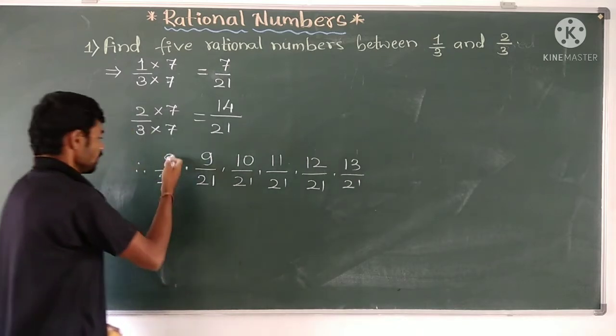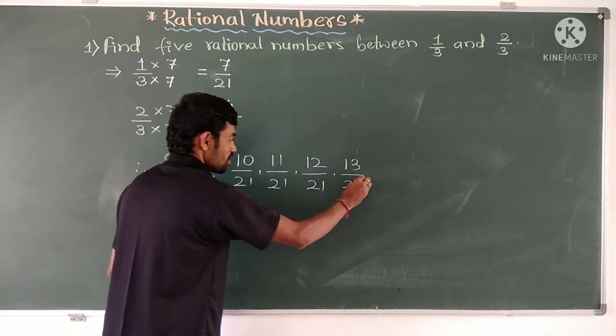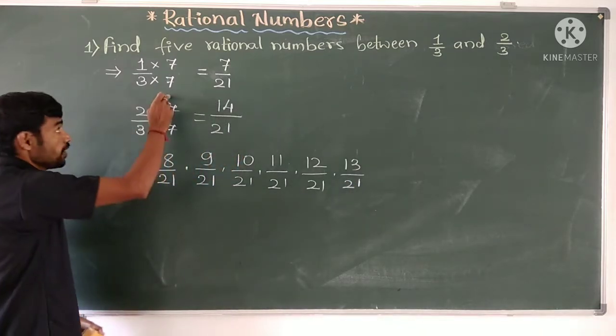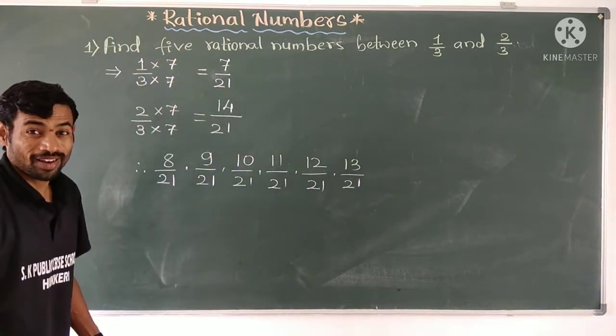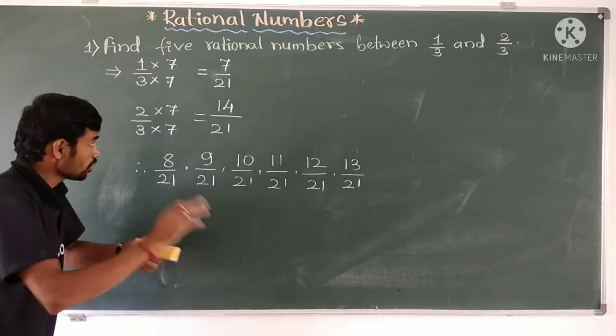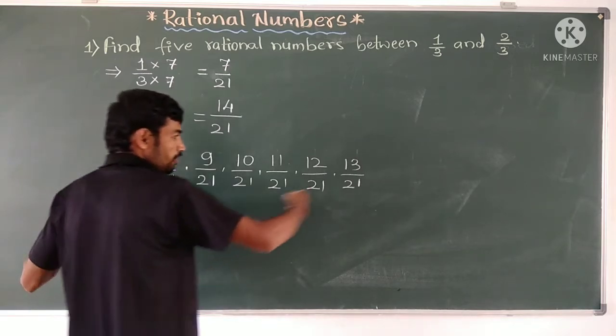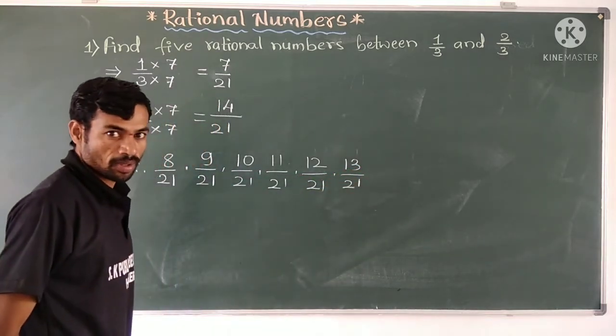So many rational numbers we obtain. How many do we get? 1, 2, 3, 4, 5, 6. 6 we get. Instead of 7, if you multiply by 100, we get 99 rational numbers. Instead of 100, if you multiply with 1000, again we get many rational numbers.